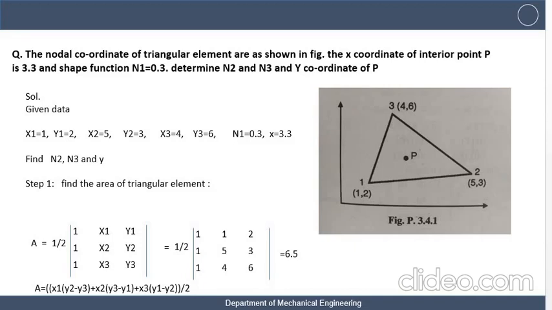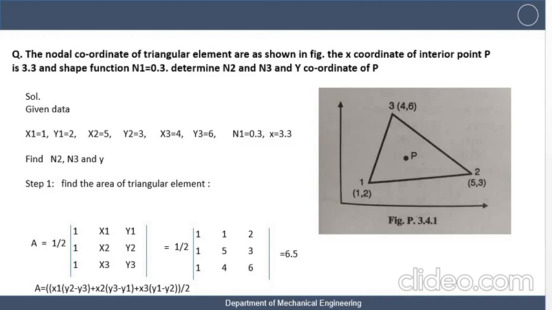Okay, so the formula is A is equal to 1 by 2 times the determinant of the matrix with rows 1 x1 y1, 1 x2 y2, 1 x3 y3. In the problem x1 y1, x2 y2, x3 y3 are given, so just put these values in the matrix.